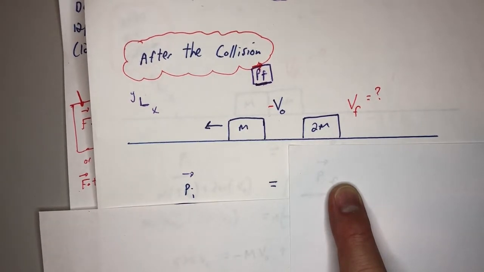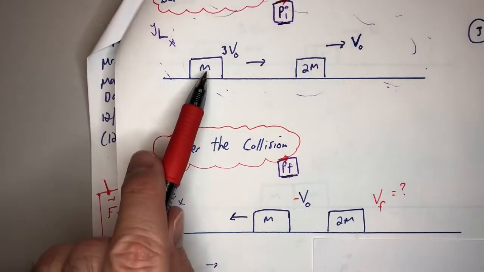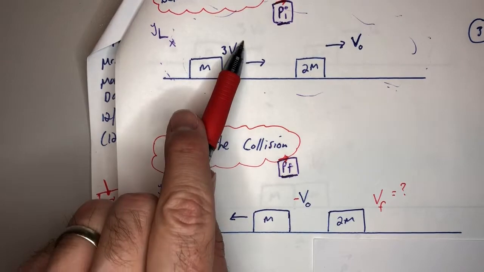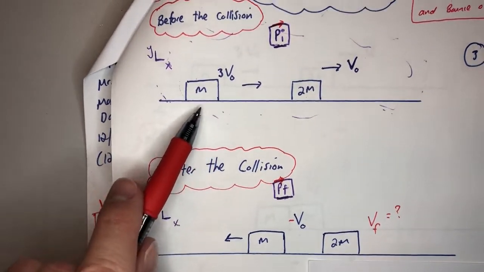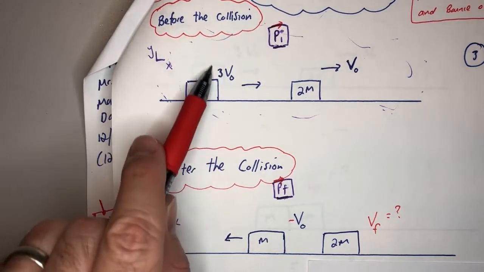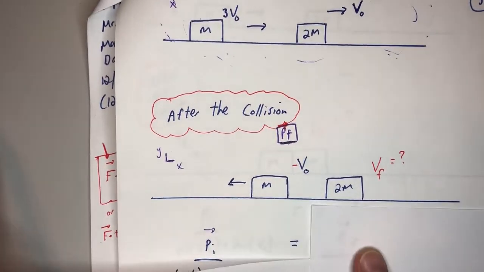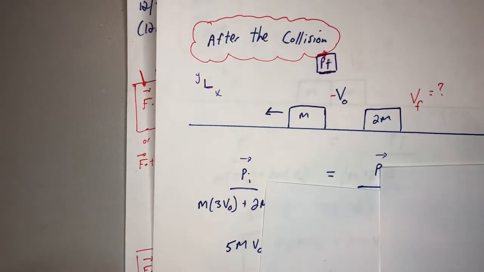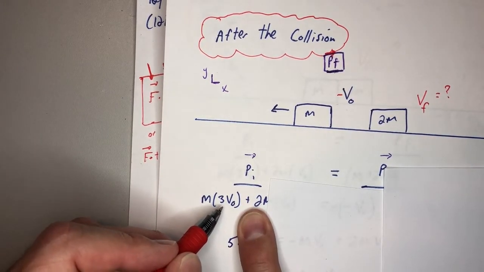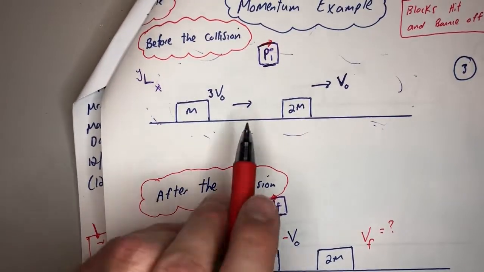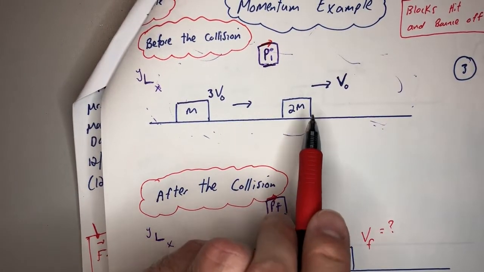All right, our initial momentum. This object has a mass of m and a velocity of 3v naught. So how do you find the momentum of that object? To find the momentum, you just take m times whatever the velocity is. So my first object's momentum has a mass m and a velocity of 3v naught, initially. But before the collision, this object also had momentum.